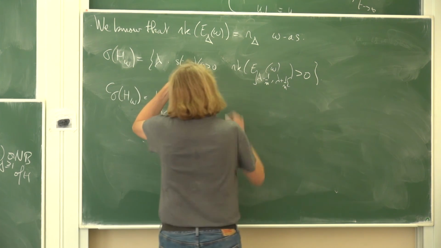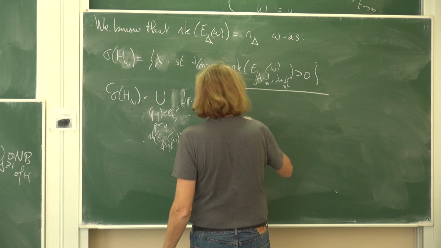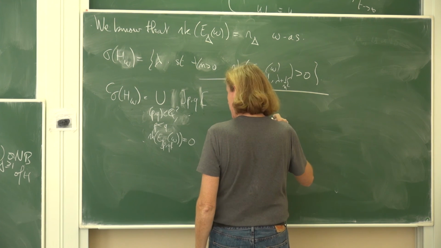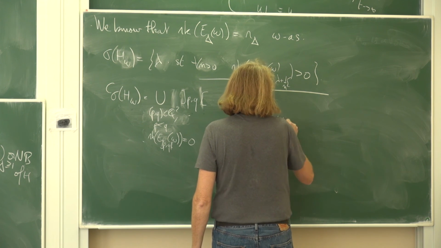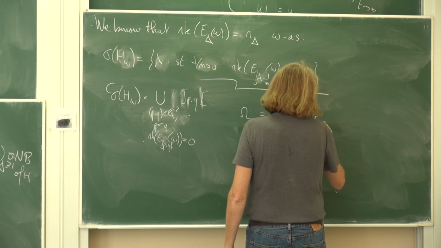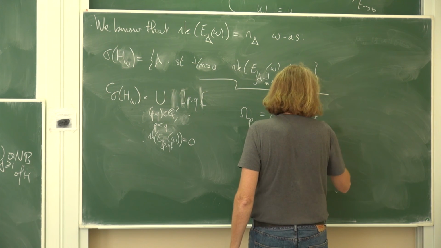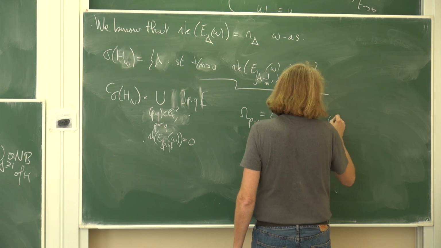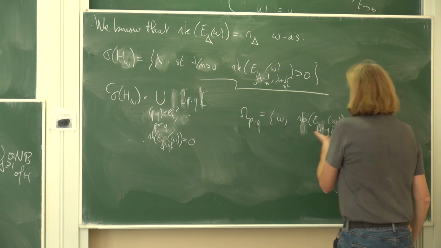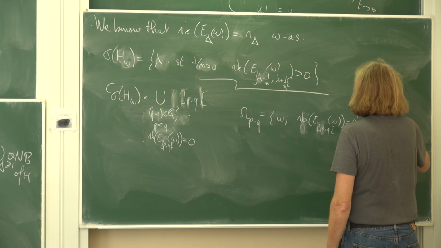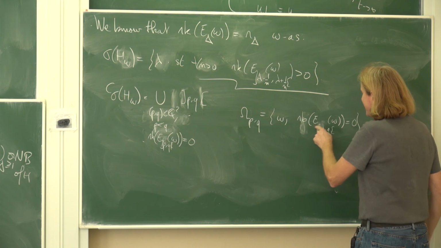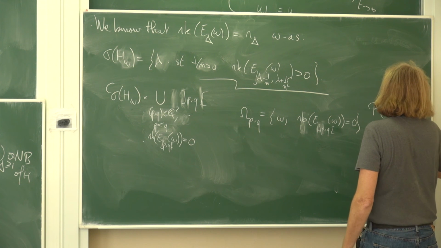But now, what do we know? If you call omega PQ the set of omegas such that the rank of E PQ of omega is equal to 0, we know that the probability of omega, because this is an ergodic projector, is either 0 or 1.